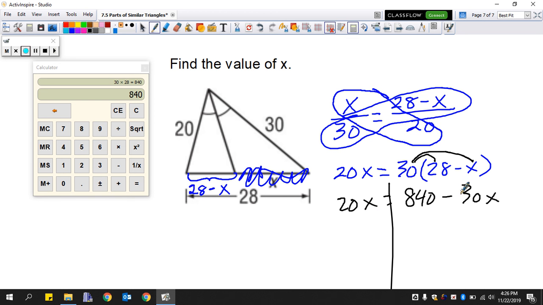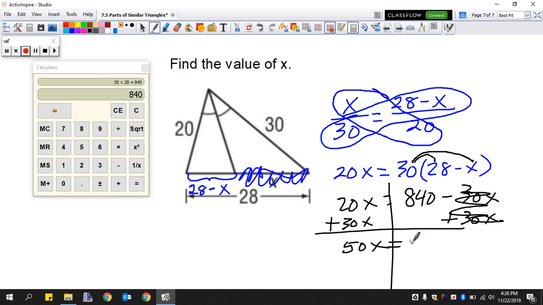We're going to add the 30x to both sides, and this cancels out. The reason we add it is because it's a negative. 20x plus 30x is 50x, which is equal to 840. And we're going to divide by 50. So 840 divided by 50 gives us 16.8. These 50s cancel out. X is equal to 16.8.